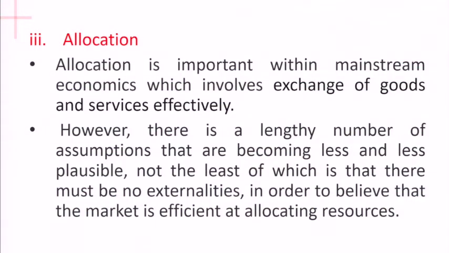The third is allocation. Allocation is important within the mainstream economics, which involves exchange of goods and services, which needs to be done in an effective manner. However, there is a lengthy number of assumptions that are becoming less and less plausible, not the least of which is that there must be no externalities in order to believe that the market is efficient at allocating resources.